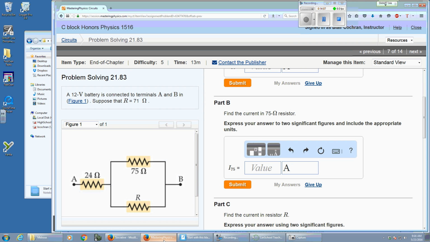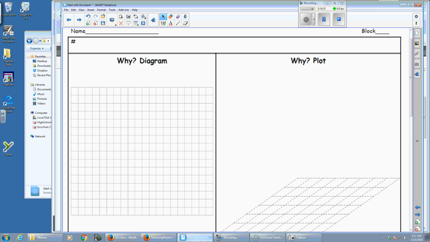All right, so number 7, 21.83 is the next one asked. And they kind of gave you the circuit diagram here, so that'll be nice when we do the plot. And they say a 12-volt battery. So I just really need to draw in here. I think I'll make my battery go that way this time, and then just up.